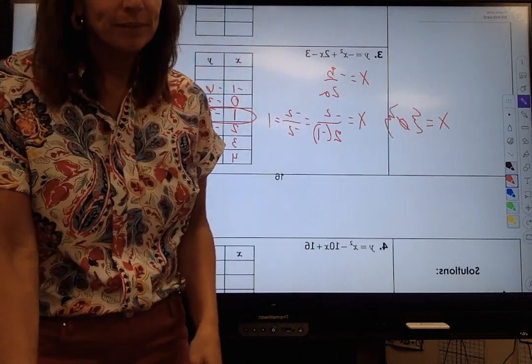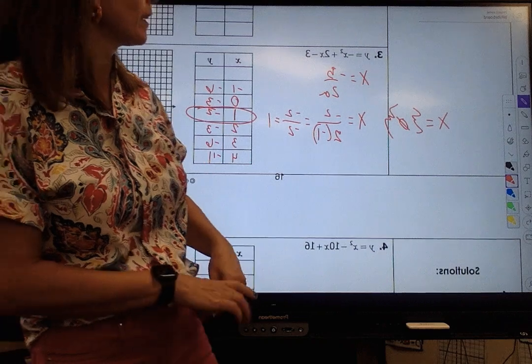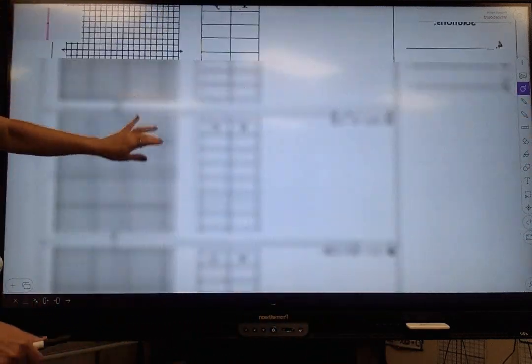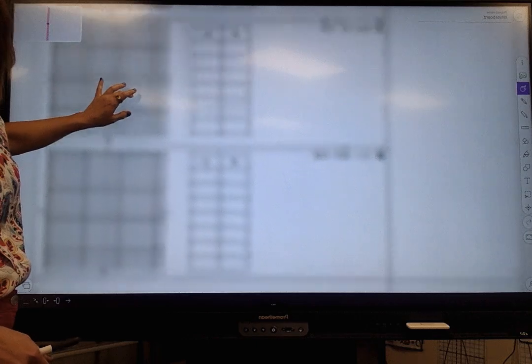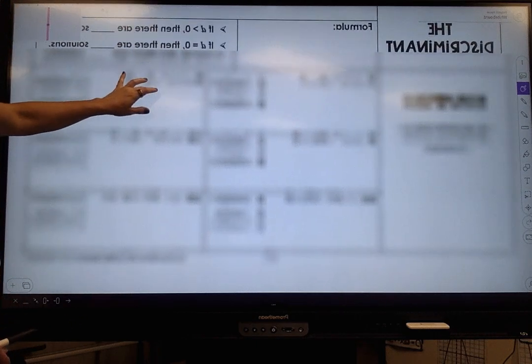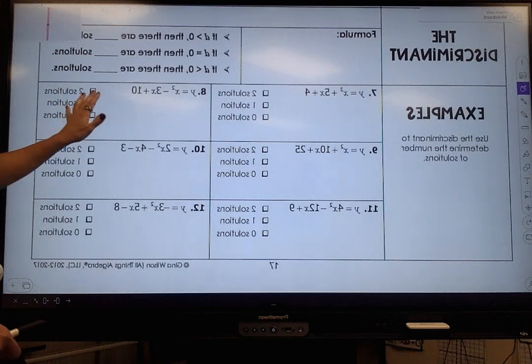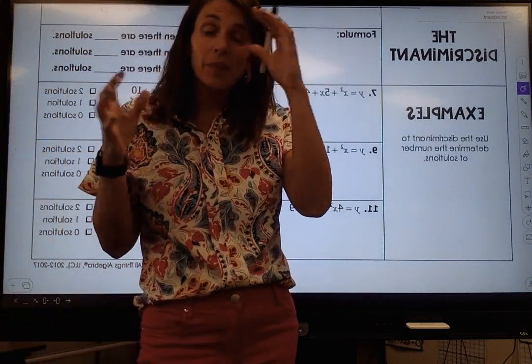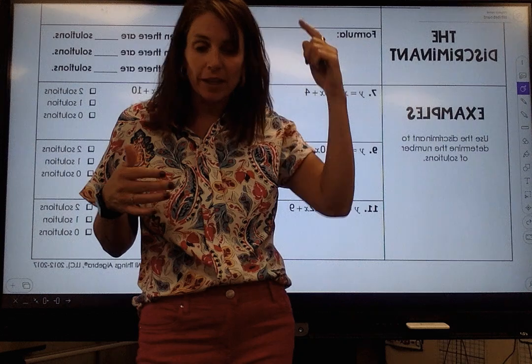Okay. Now, that's using the graphing calculator. That's looking at the graph and determining. So let's talk about the discriminant and what the discriminant is. The discriminant is when you're looking at an equation for a quadratic formula, like up above.